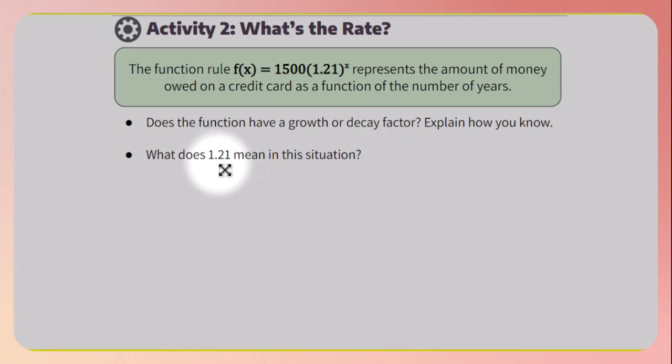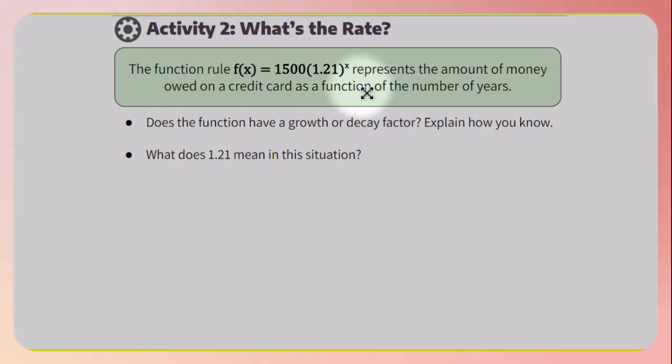What does 1.21 mean in this situation? What that means is we start with the initial amount of 1500. Each year, if we multiply by 1, we keep that original amount. Okay? But we're increasing by 21% by adding on that 0.21.